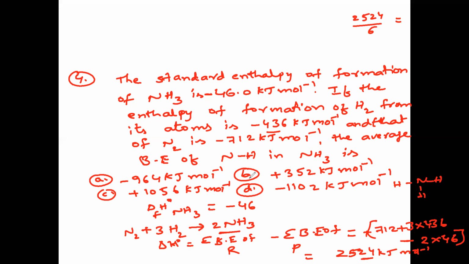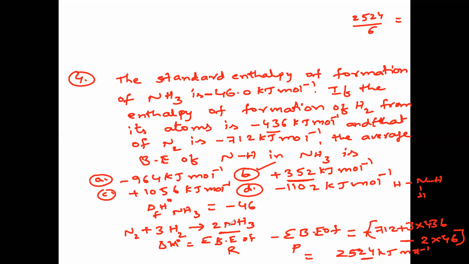So the answer is plus 352 kilojoules per mole. I hope it is clear. This is the answer to find the average bond enthalpy of the NH bond in ammonia.